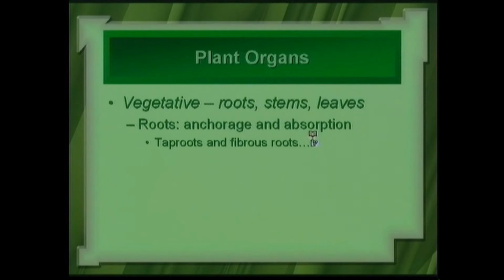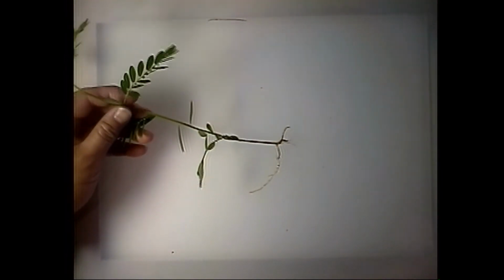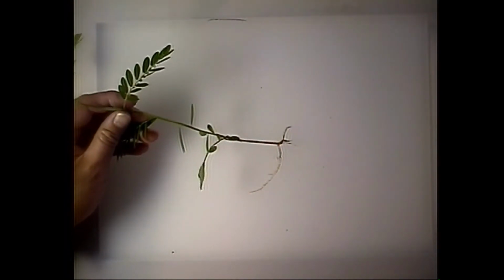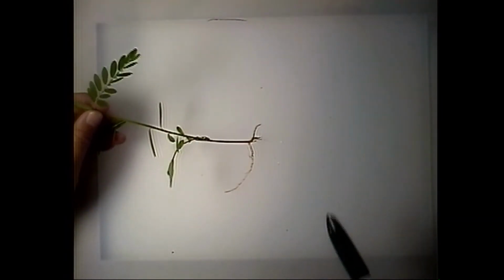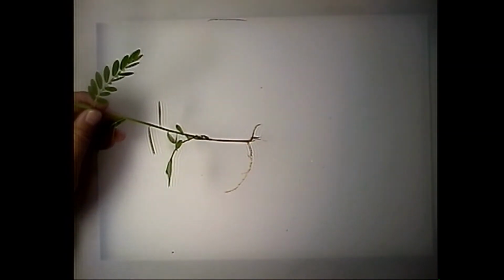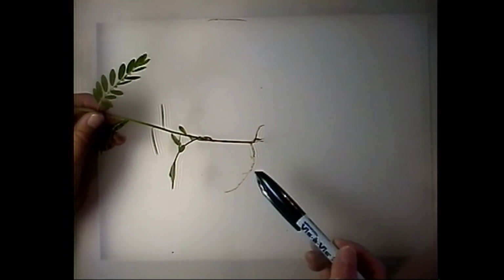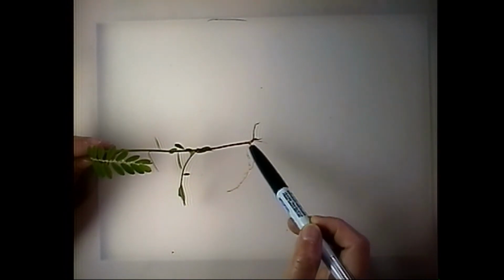Dicots with two cotyledons. And here you can see this is a little weed called neruri. I like to show a live plant because sometimes when you're looking at an image, they show you the best case scenario, and the plants don't always look that way. So here in this neruri plant, you see a little bit of a thicker root.